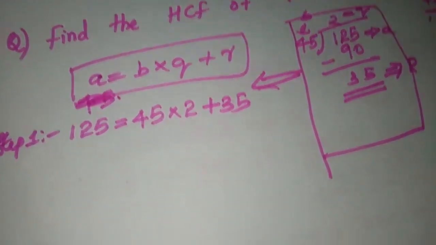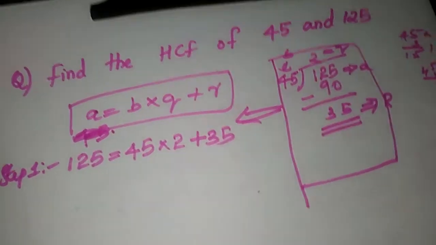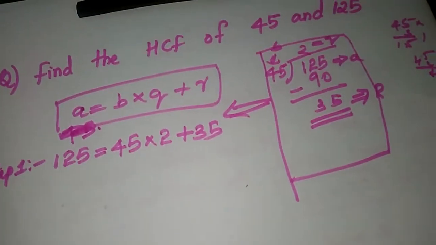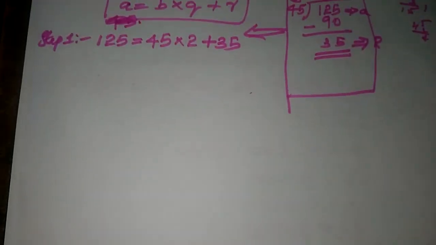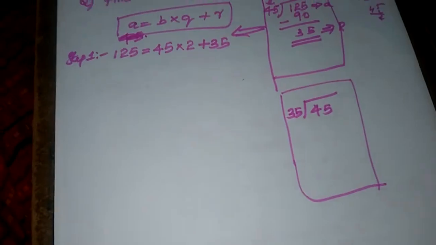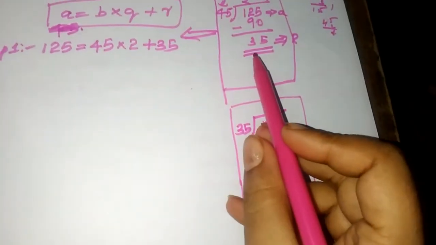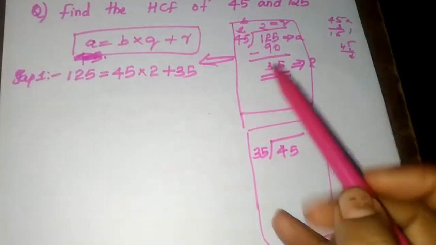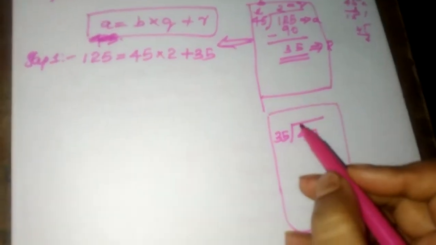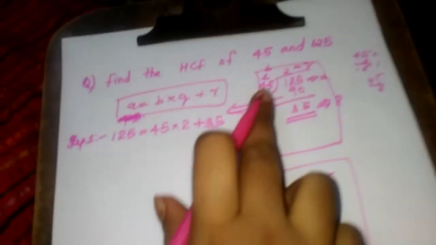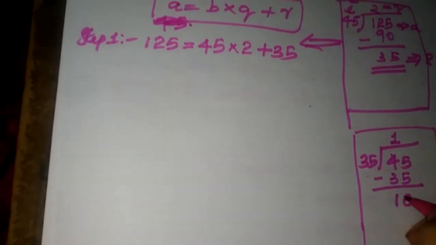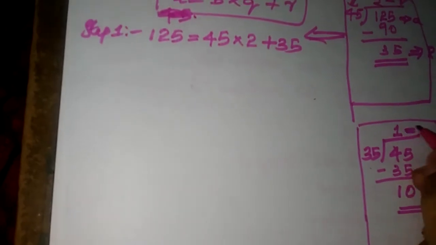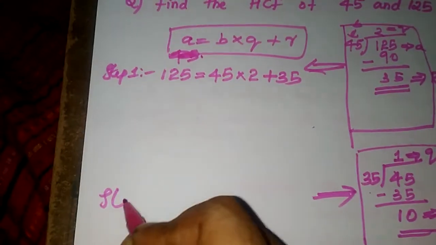Actually, to find the HCF we have to repeat the division until r remains 0, that is, the remainder becomes 0. Now what is the next step? Now we have to divide 45 by the remainder 35. 35 one time, we get 10 as remainder, 1 as quotient. This is step 2.